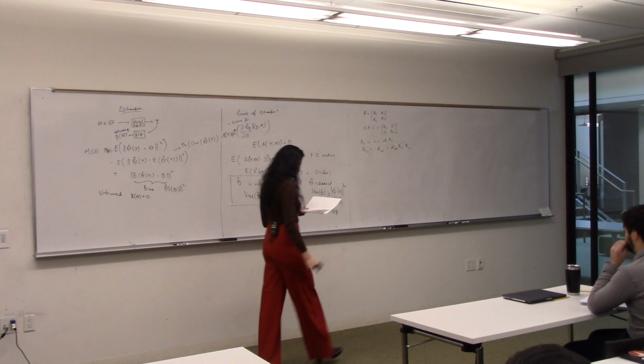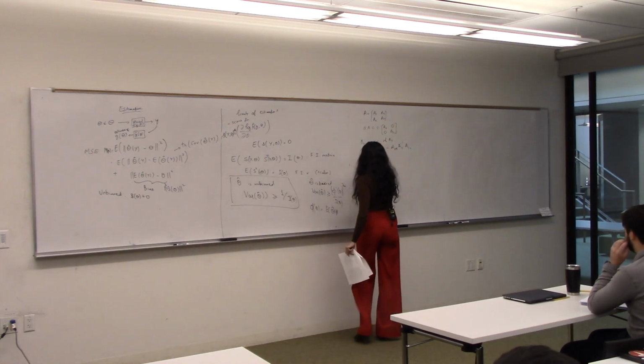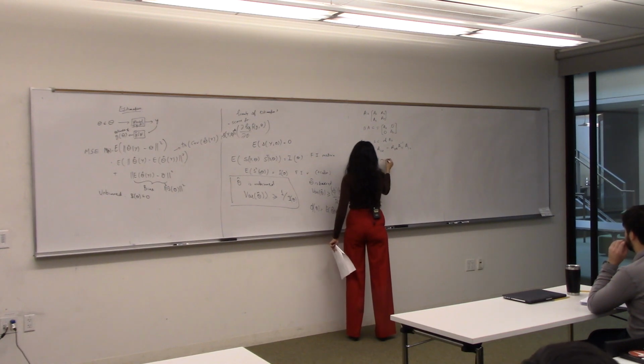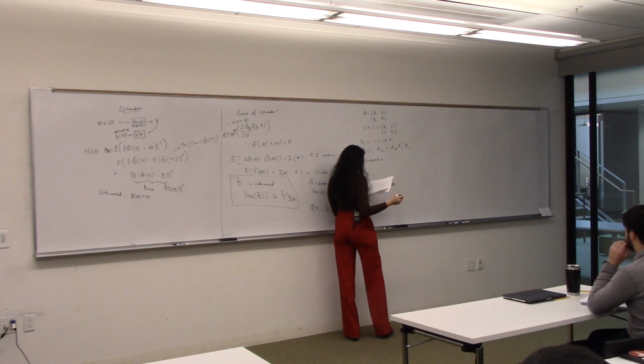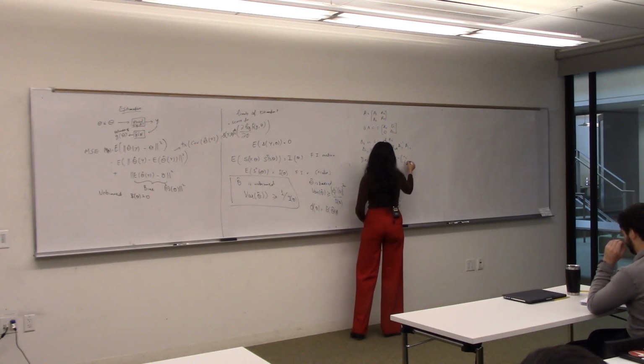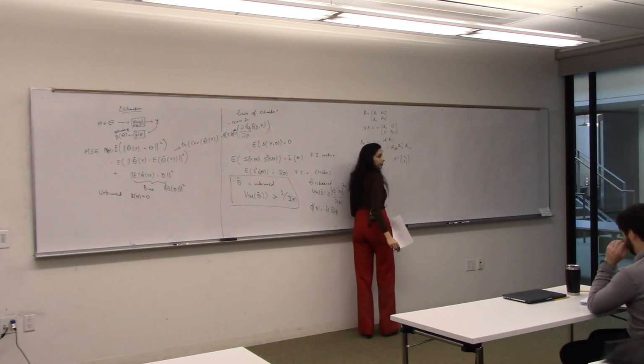This is a standard decorrelation trick. We can always use this notion of Schur complement to decorrelate 2 variables. So let's say x has 2 coordinates, and let's say this is 0 mean.